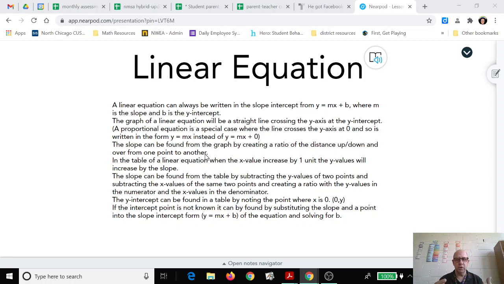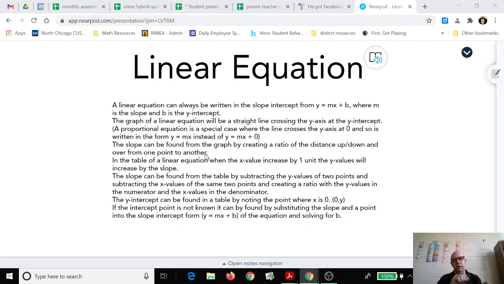So you use the slope formula and you compare, you take two rows on the table, subtract the y's, and then subtract the x's, and put them in a ratio or a fraction. And if it's always the same, then that's your slope.